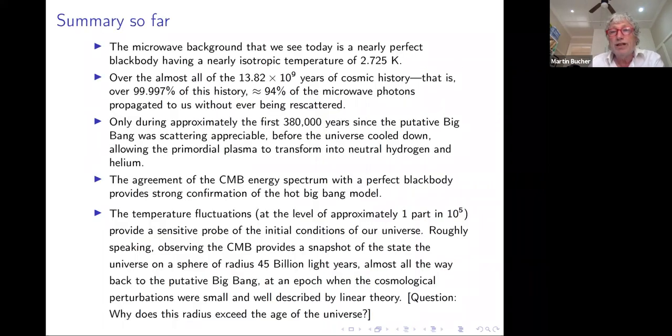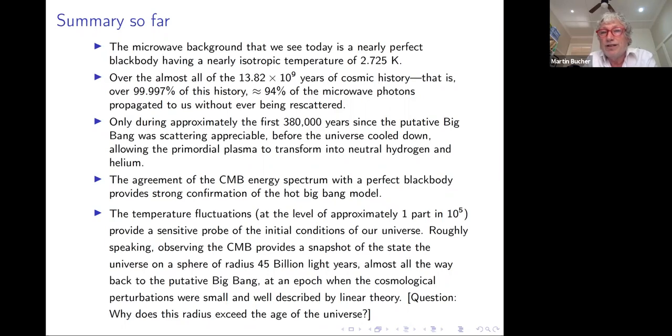Okay, so this is a summary. I'm not going to go over this. I think you know it, that you have this very nearly perfect black body, and it has this temperature that's been measured.